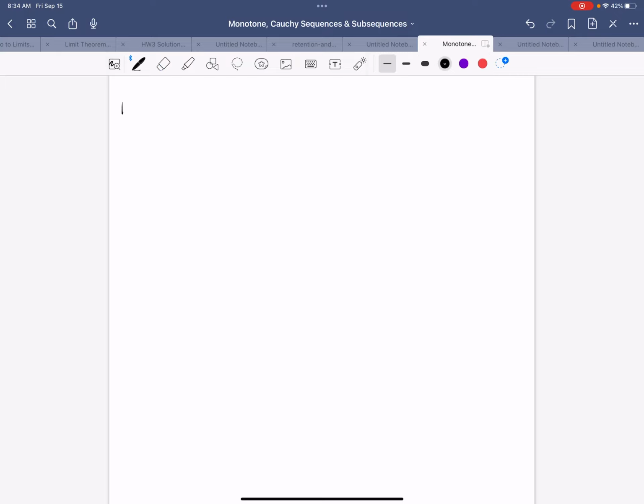Here's how we would do this. So hypothesis, Sn, and this is for each n, Sn is equal to sine of n pi over 3.